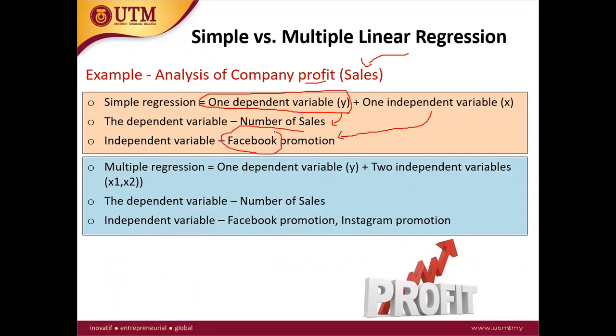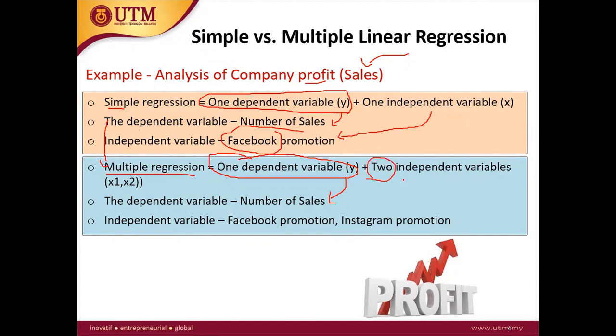Okay. Right. Extension of simple regression, we go to multiple regression. We also have one dependent variable, which is the number of sales. And since we apply the multiple regression concept, we use two independent variables or more.